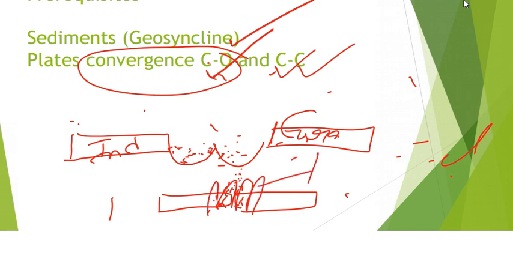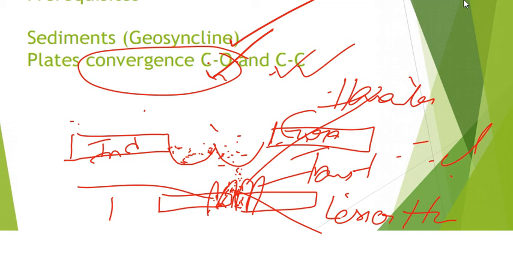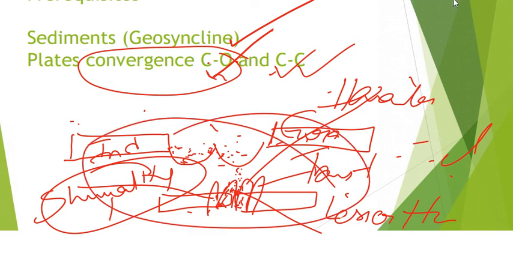One is Trans Himalayas, Greater Himalayas, Lesser Himalayas, and Shivaliks. This is how the Himalaya formed. Simple, right? But you don't know this geosyncline.